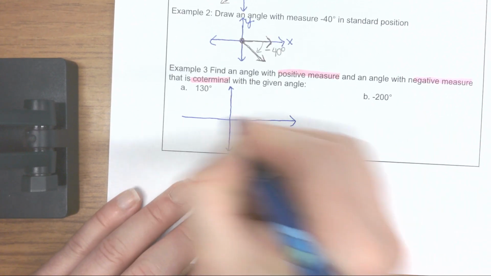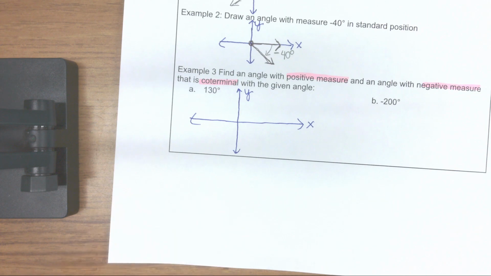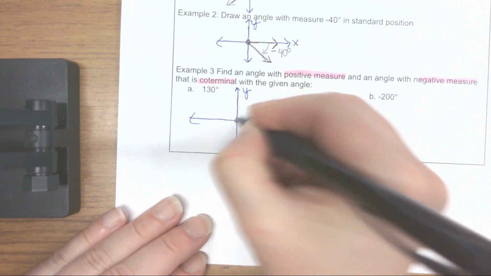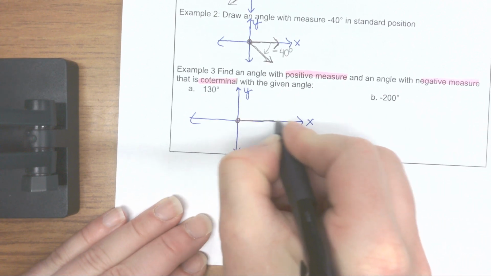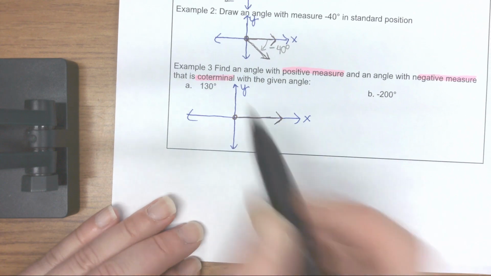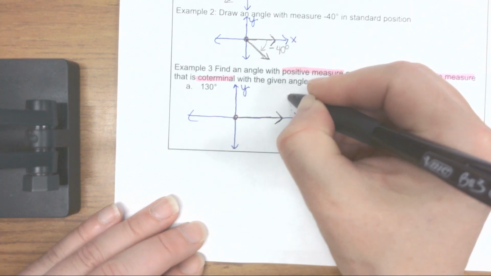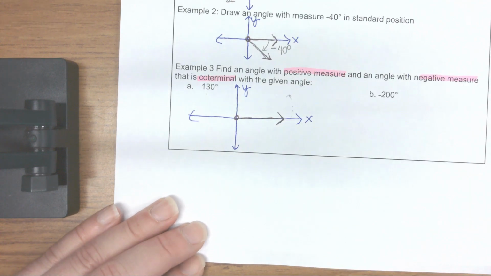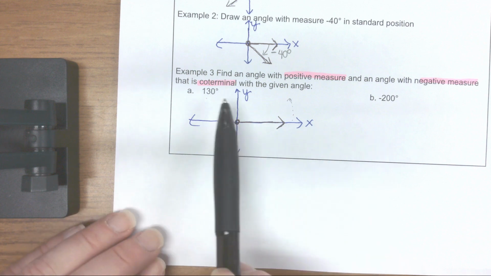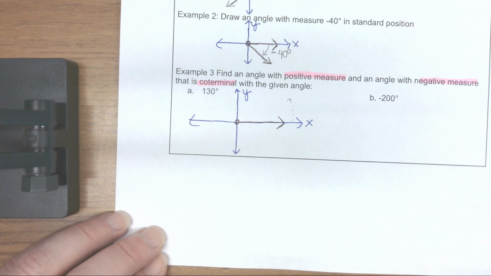So we have our XY axis. Okay, and then we put our initial side on there. 130 is positive, so I am going to be rotating in the counterclockwise manner. And I hope we would agree, what quadrant is 130 in? You can just show me with figure 2.